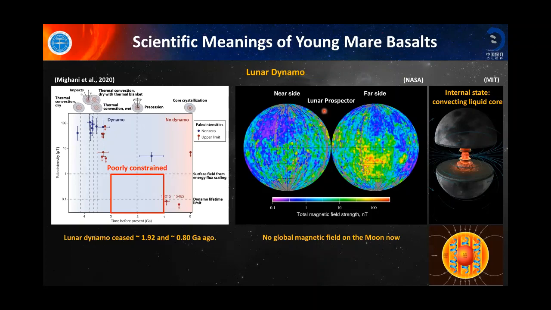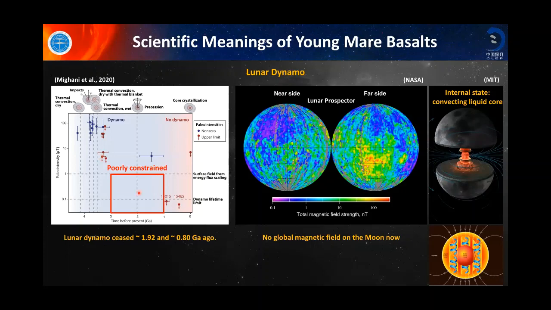It is well constrained in the old age range, but in the younger age range there are not many dots here. That means it is poorly constrained. So we don't really know how the lunar magnetic field intensity decreased through time. But if we sample the Chang'e-5 young Mare basaltic units back, we can definitely put some dots here.